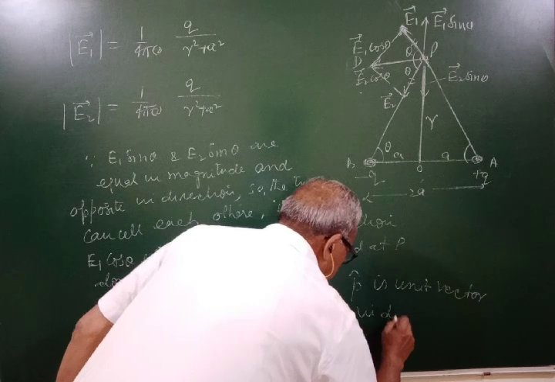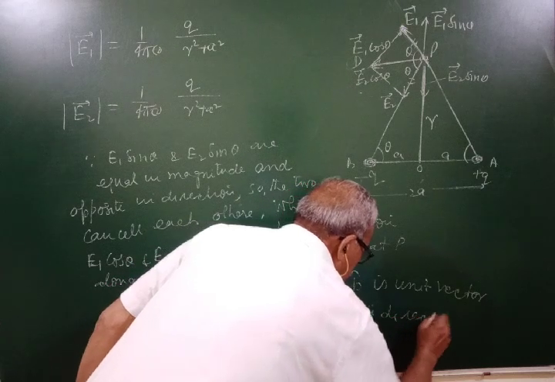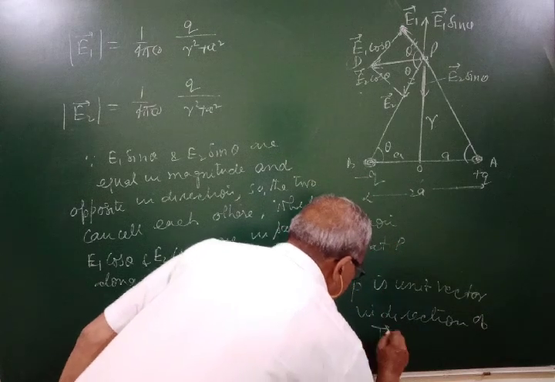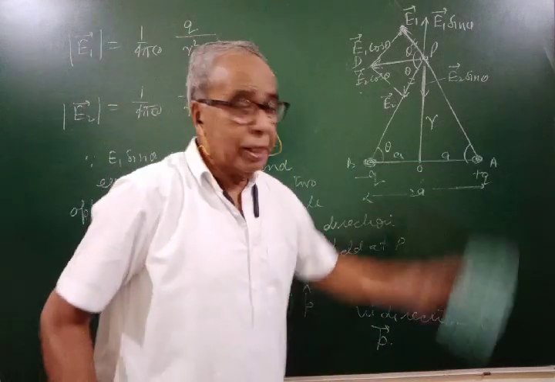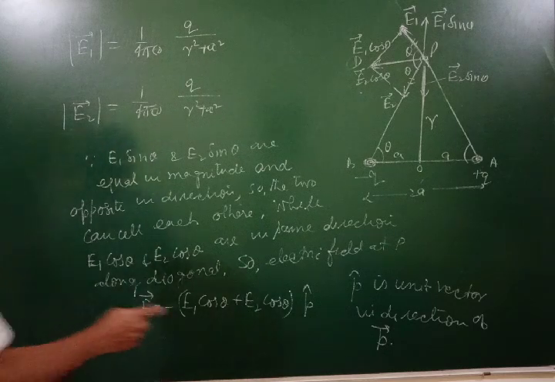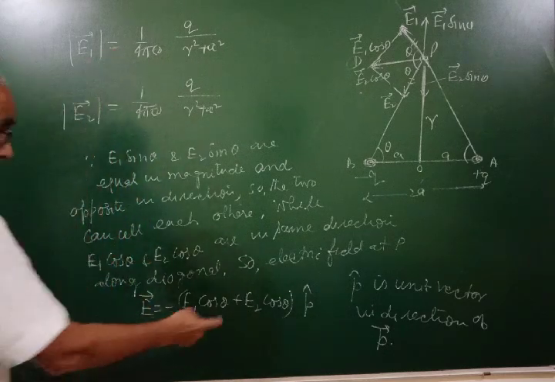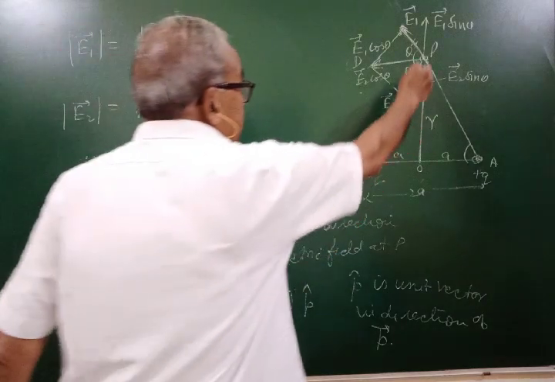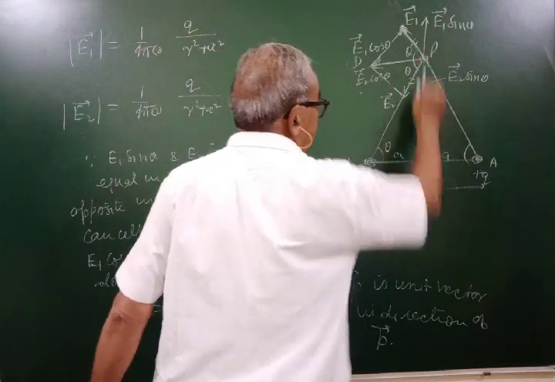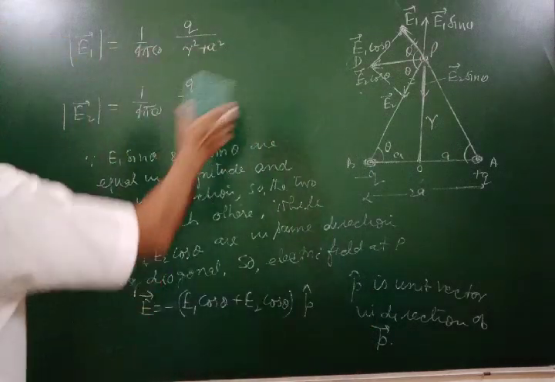In the direction of vector P, means electric dipole moment, it will be along that. Now putting the value of E1 E2 here, cos theta is, in this triangle, base upon hypotenuse.